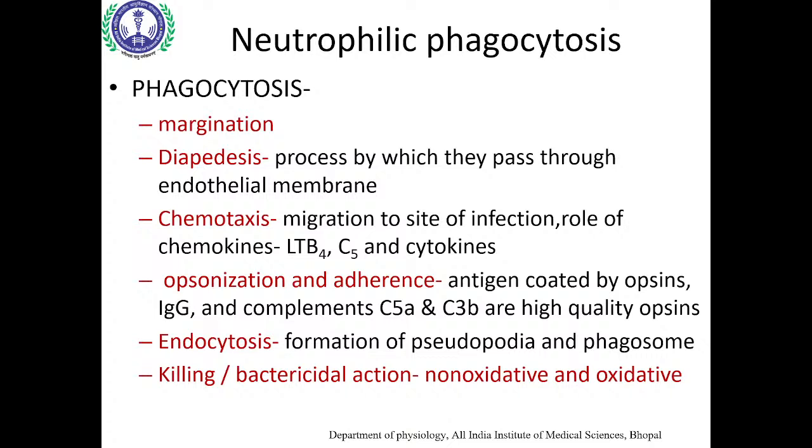They will go by some vehicle. That vehicle is the taxis. Those chemoattractants are providing the direction that the neutrophil should be coming over here. So this is chemotaxis, and all those chemicals which are acting as chemoattractants are known as chemokines.